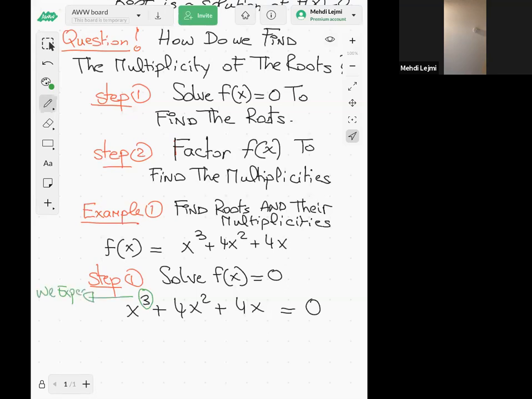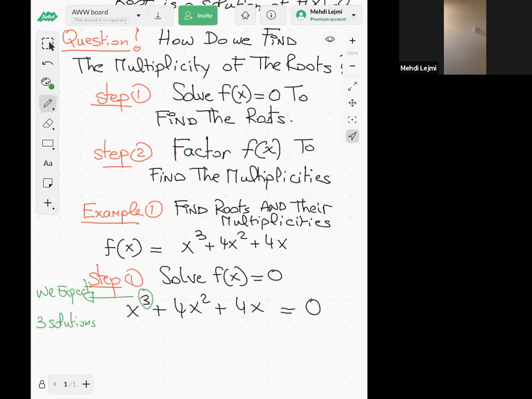If you have a polynomial of degree 10, like x to the power 10 plus x to the power 8, etc., then you expect 10 solutions, because the highest power of x is 10. Here we have x cubed, so we expect 3 solutions.